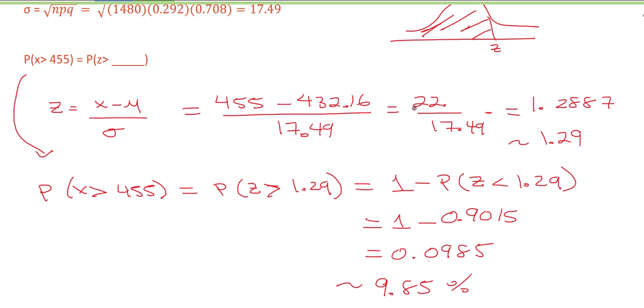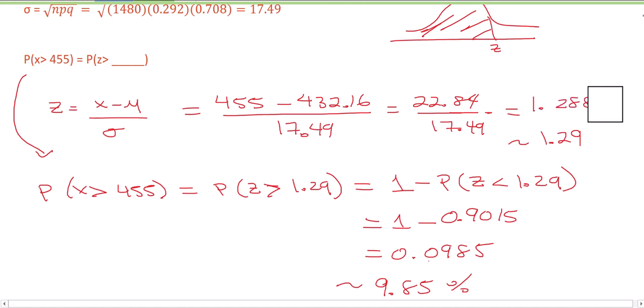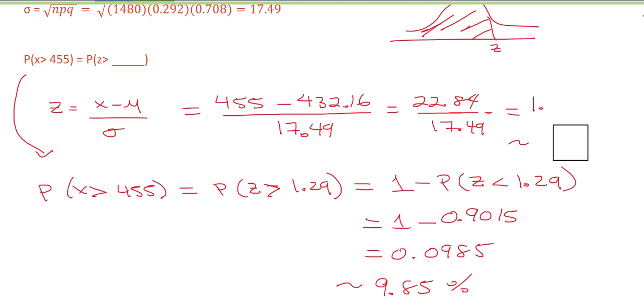That should be 22.84. So I misread my 8 as a 5. Divided by 17.49, that should give us a different number here. So we get 1.305. So rounding to 2 decimal places, 1.31.